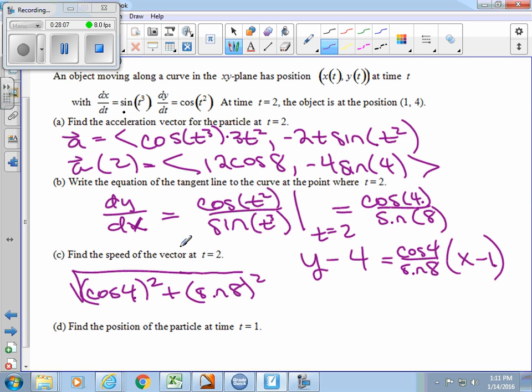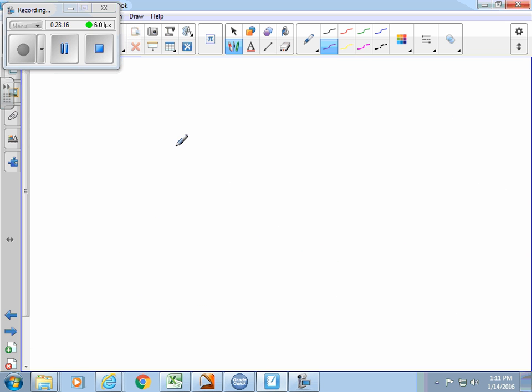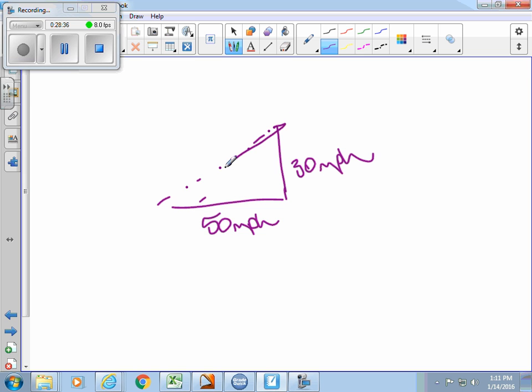Because, let's talk about that really quick. I'm going to go back to a blank page for a second. Quick side note: if I have a vector, and I know the x component is going at 50 miles per hour, and the y component is going at 30 miles per hour, then how could I find the vector's speed?